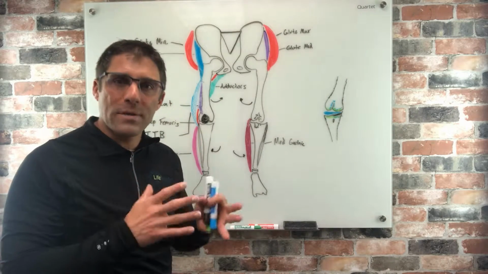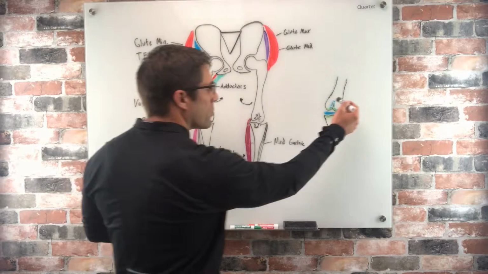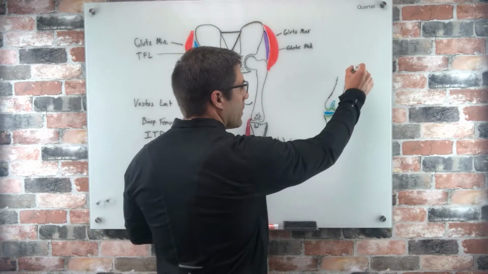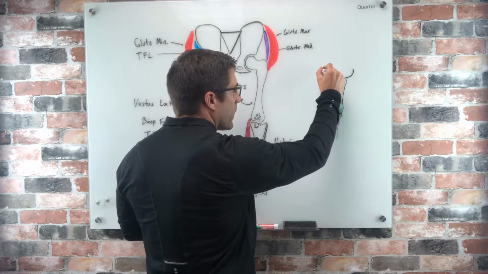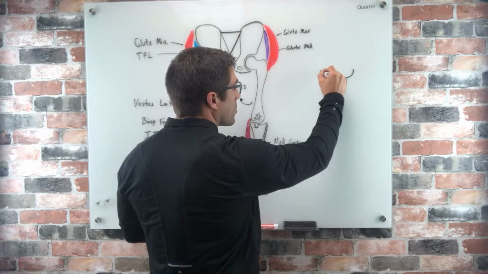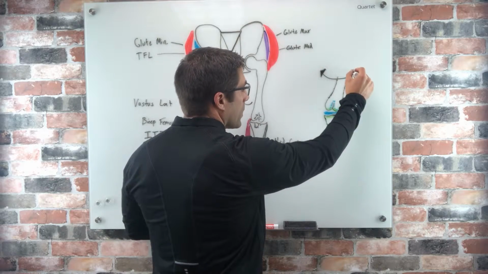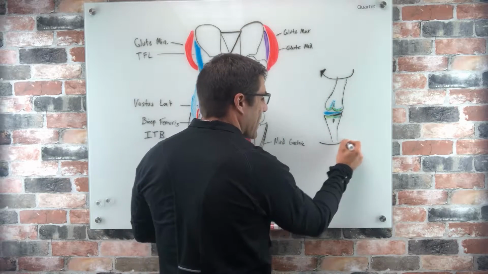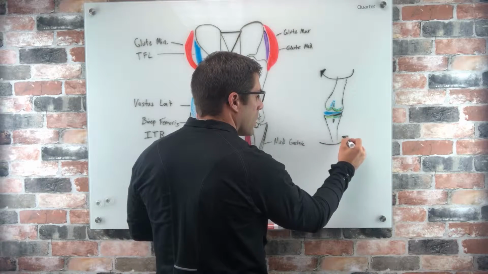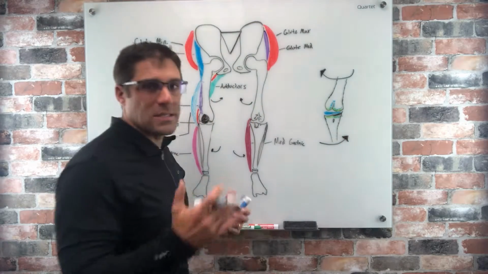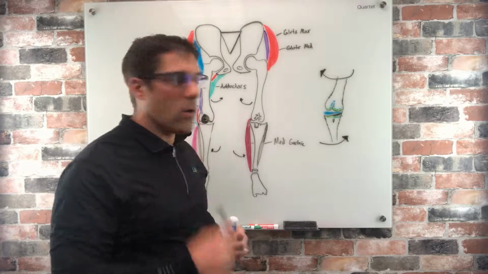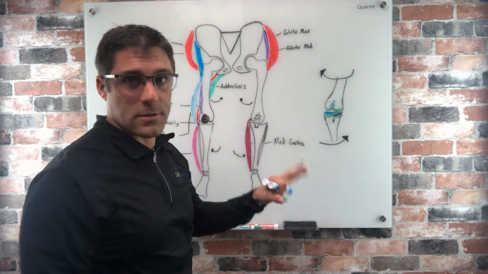So what happens now is we've got external rotation of the femur going this way, internal rotation of the femur going in, and external rotation of the tibia. Let's take a look at this. One, we know there are imbalances within the muscles.